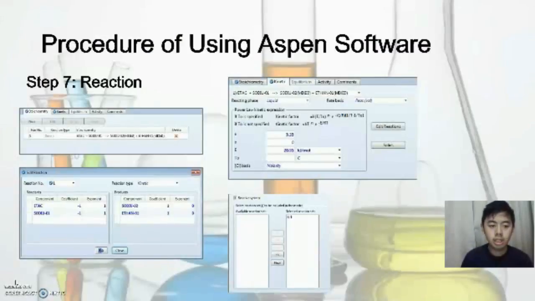And then lastly, at the reactions, we created reaction number 1. We input the coefficient and the exponent, and also the rate constant, which is 5.35, and the E is 20.95 kJ per mole. Lastly, we select the reaction set that we have created, and then check to select the reaction set.